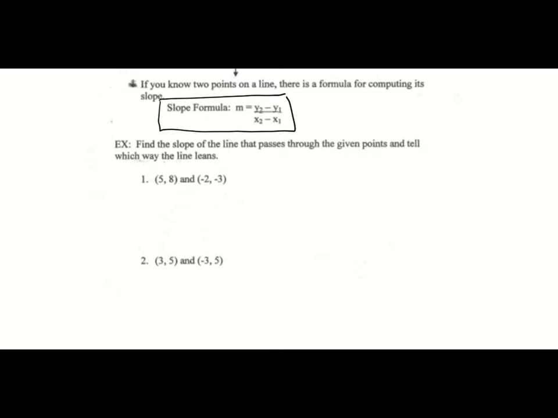So when we do this, the easiest thing to do is label our x1, y1, x2, y2, so that way we don't accidentally use the wrong numbers when we're plugging them in. So our m equals our y2, which is our negative 3, minus y1, which is 8, over x2 minus x1.